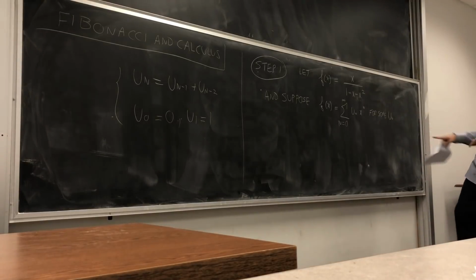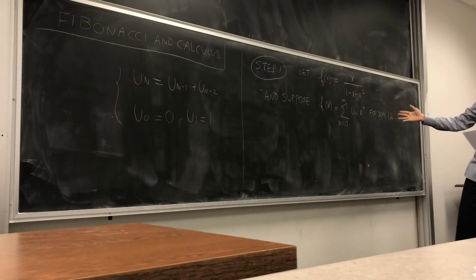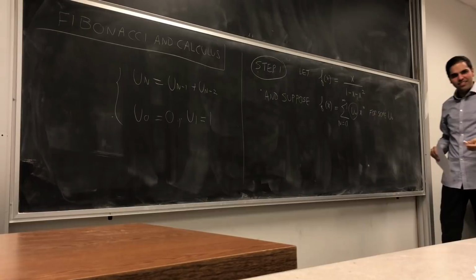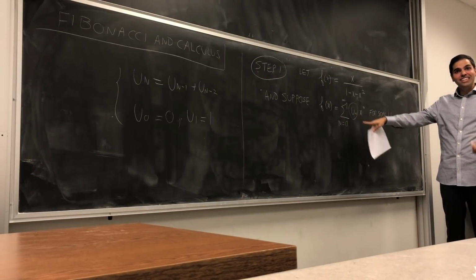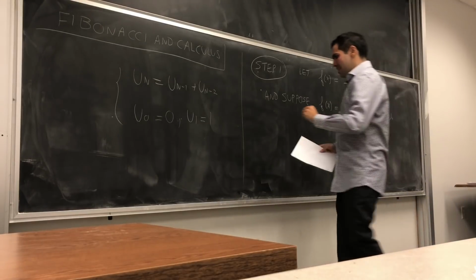United Nations, this is for you, okay? So suppose you can write f of x in terms of the power series. It turns out, and we will show this now, that the coefficients in fact satisfy the Fibonacci relation.